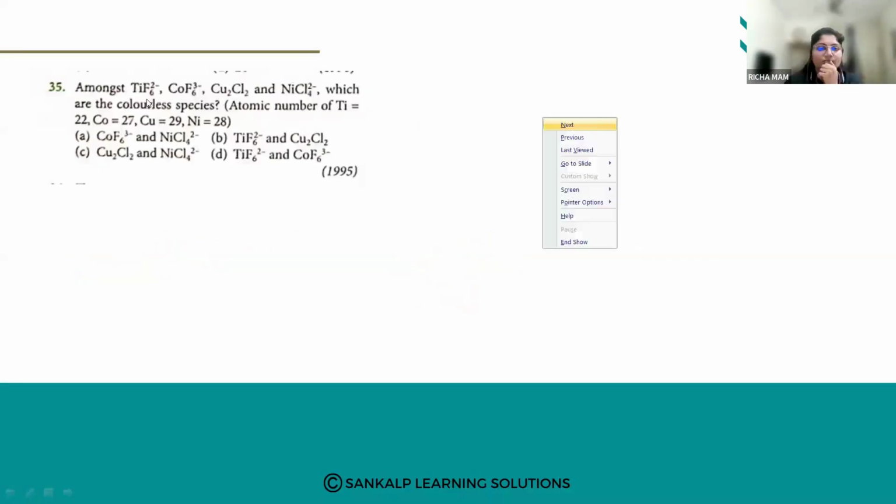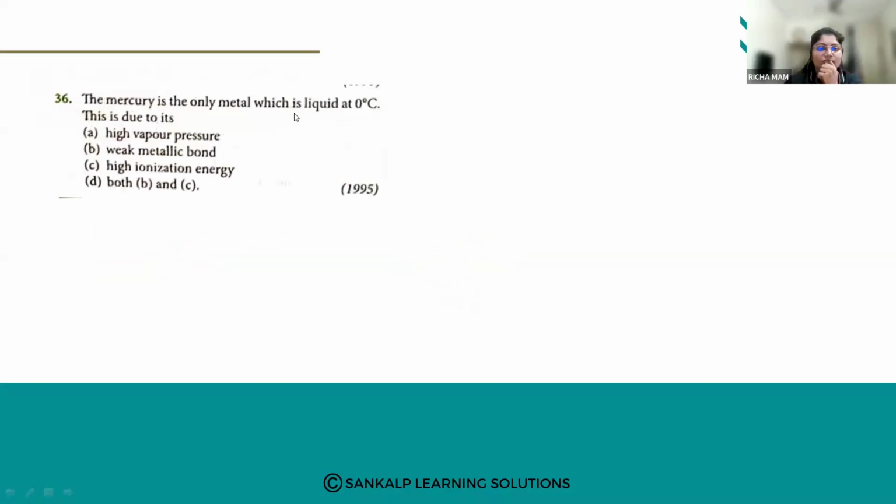Very good. Mercury is the only metal which is liquid at 0 degrees Celsius. It is due to: A, high vapor pressure, B, weak metallic bond, C, high ionization energy, and D, B and C. We know that mercury is a liquid metal at 0 degrees Celsius.